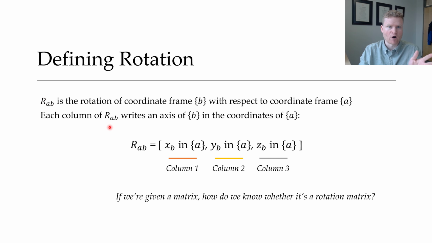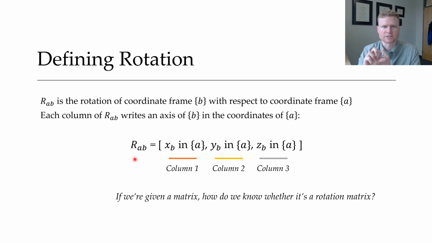Each column of RAB writes an axis of B back in the coordinates of frame A. The first column tells me where the X axis of B is written in coordinate frame A. The second column, where the Y axis of B is written in coordinate frame A. And finally, the third column is where the Z axis of B is, again, written in coordinate frame A. That's the rotation matrix RAB.